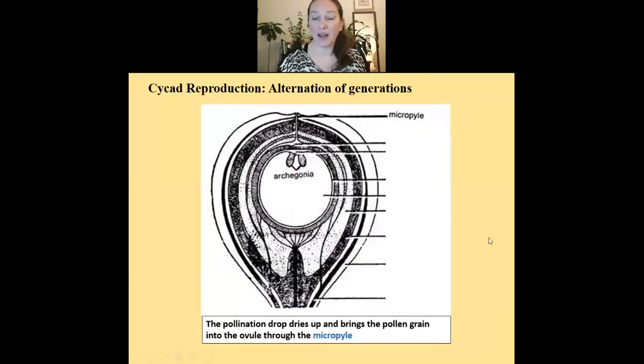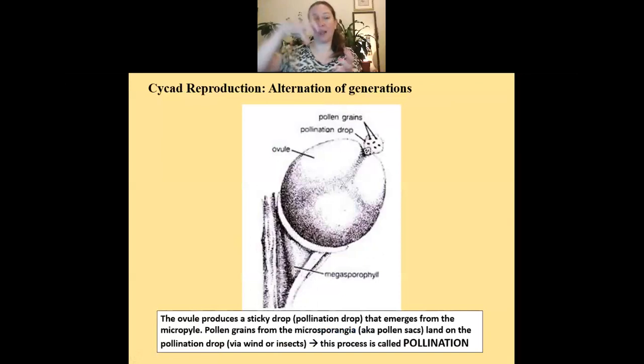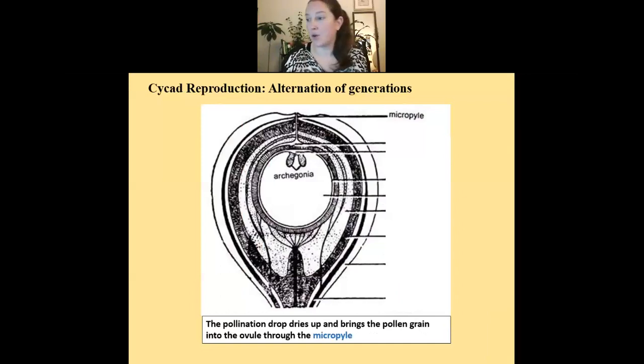Once that pollen grain lands on that pollination drop, which is coming out of the ovule, eventually that pollination drop will dry back up into the ovule. And when that happens, it'll take some pollen grains in with it. So here is the entrance. The pollination drop would have occurred right here at the entrance of the micropyle.